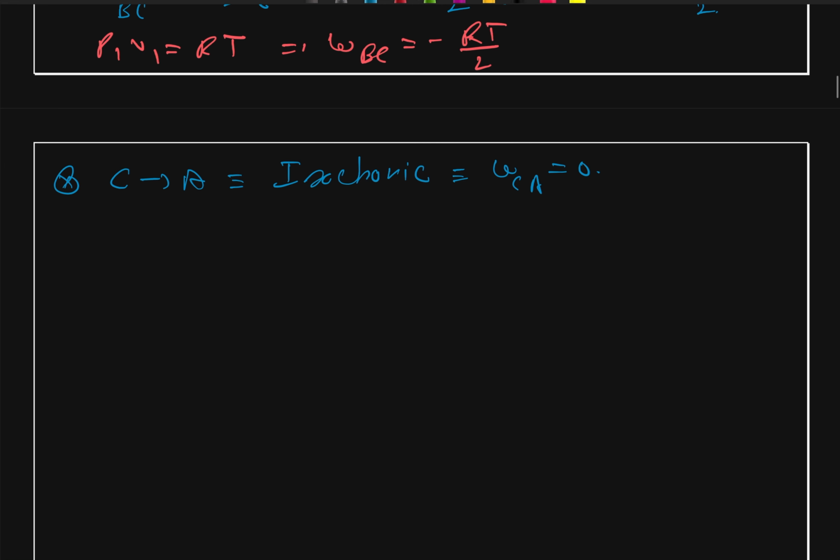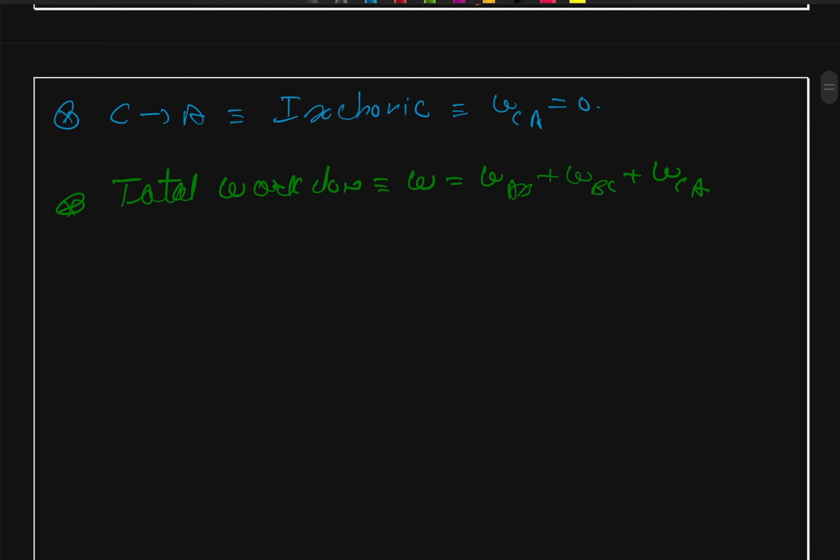And now we can find out the total work done. Total work done, that's W, will be equal to work done for AB plus work done for BC plus work done for CA. We simply plug in the values.